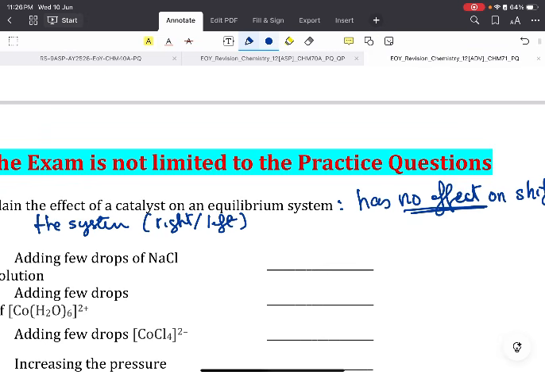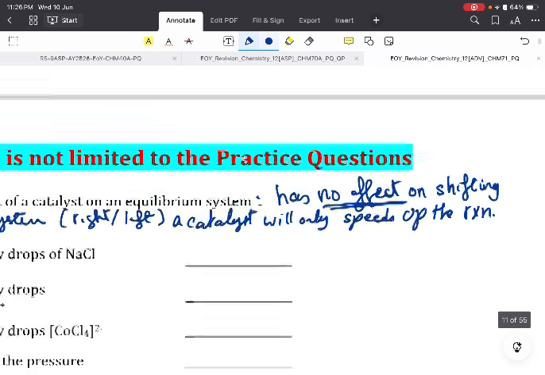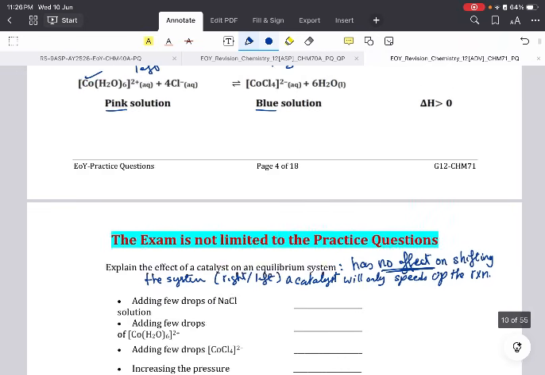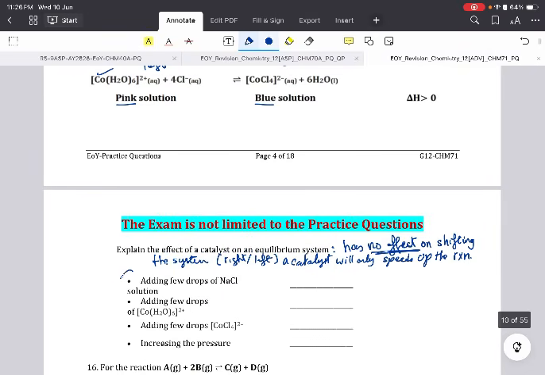It has no effect. Simply, a catalyst will make the system reach equilibrium faster. So a catalyst will only speed up the reaction. Now let me show again the equation and solve the questions over here.